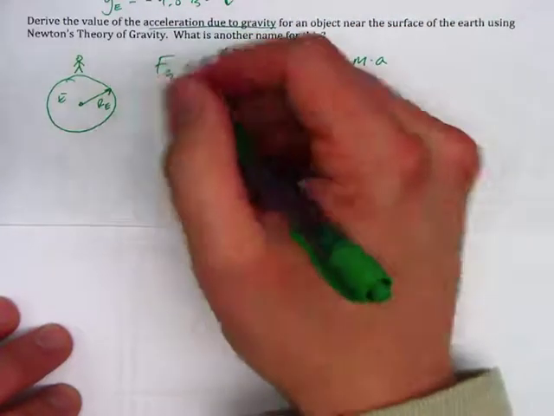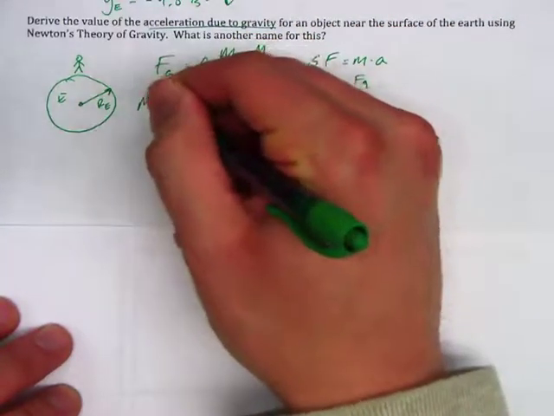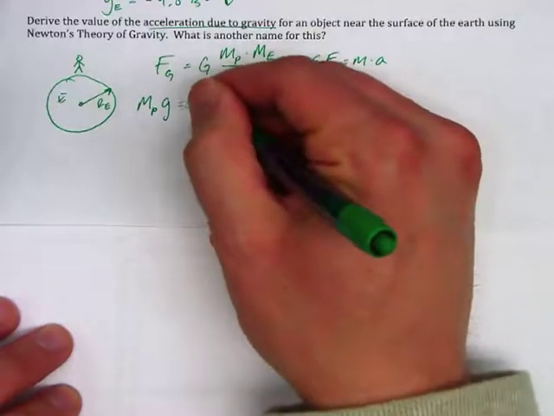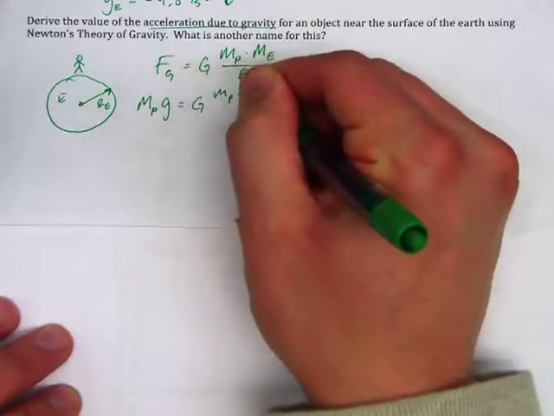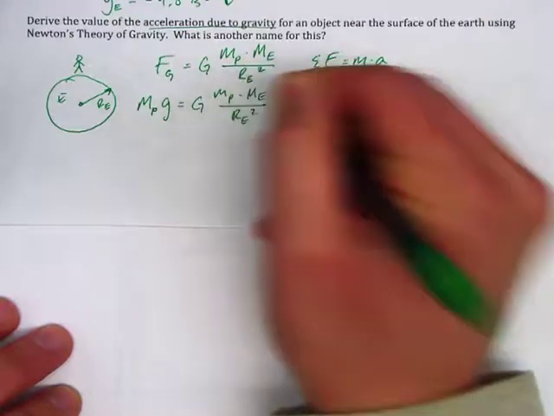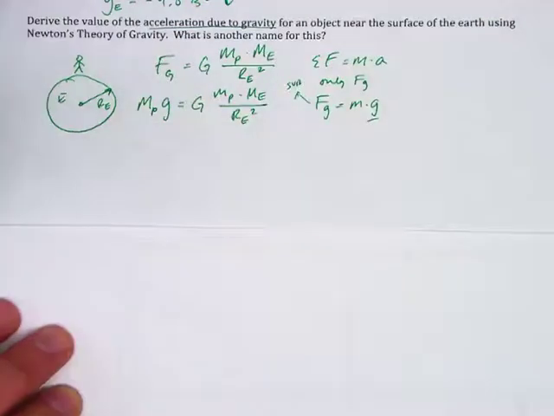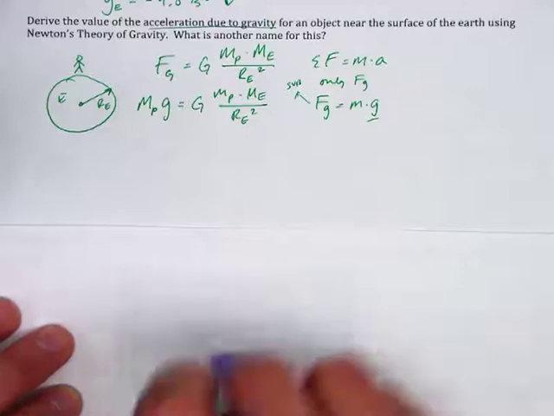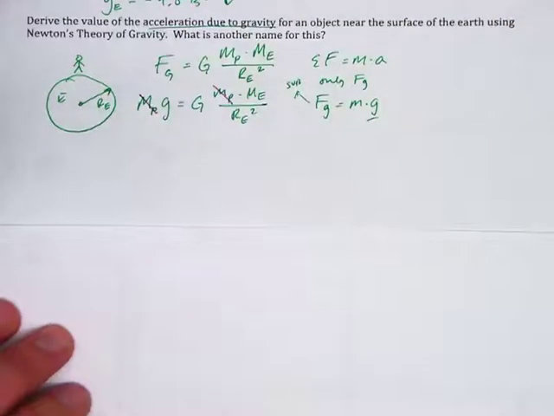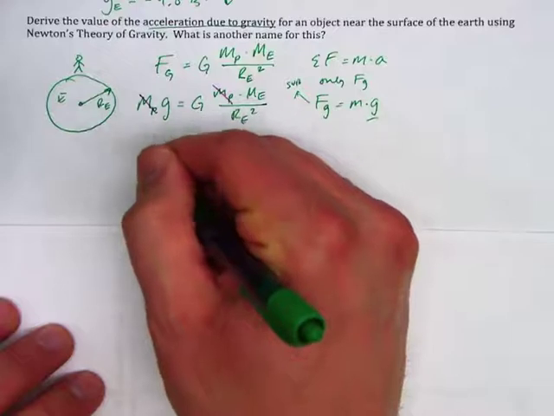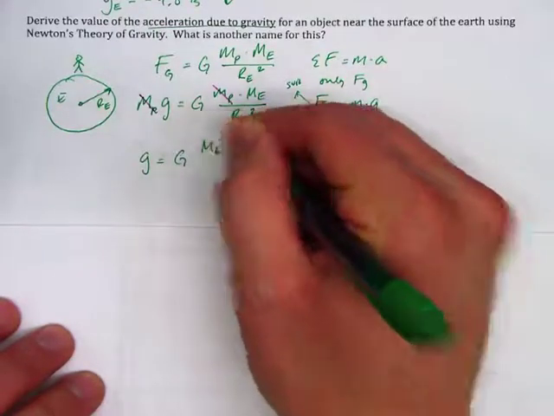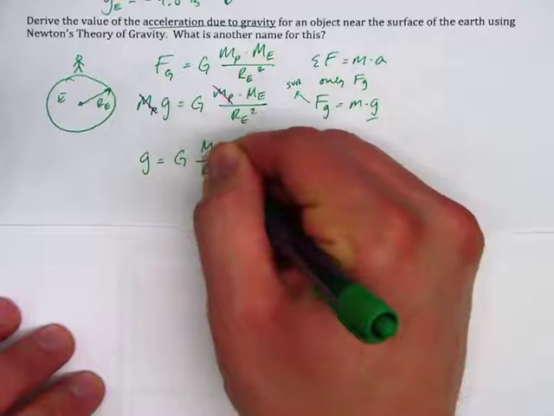So Fg becomes the mass of the person times the acceleration due to gravity. And then I have the same thing over on the right-hand side. And what you notice right away is the mass of the person cancels out. I'm left with an expression: acceleration due to gravity is equal to G times the mass of the Earth over the radius of the Earth squared.